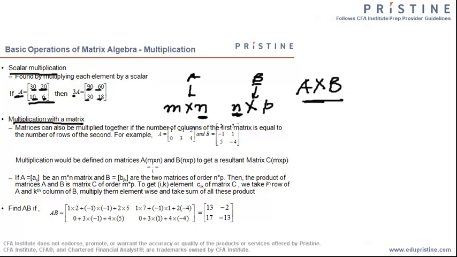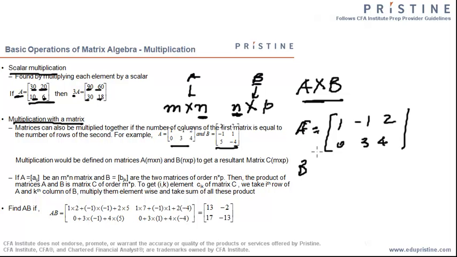Matrix multiplication is a complex procedure, and basically if we have two matrices as shown here, so A is 1, minus 1 and 2, 0, 3 and 4, and B is 2, 7, minus 1, 1, 5, minus 4.